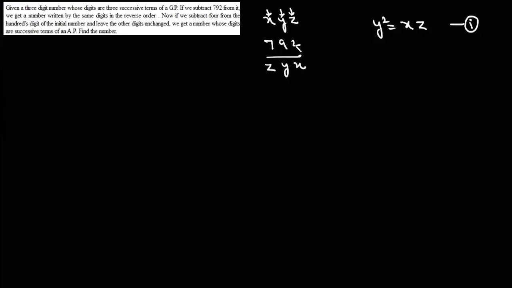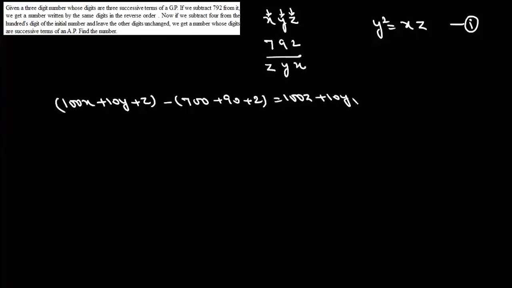Now the actual way of writing it will be, the number is 100x plus 10y plus z, and we are subtracting 700 plus 90 plus 2, and that will be equal to 100z plus 10y plus x.